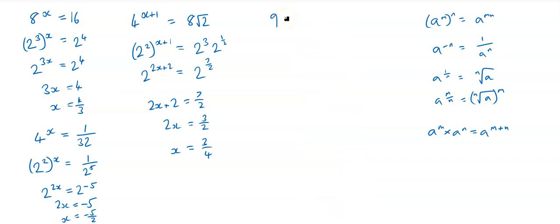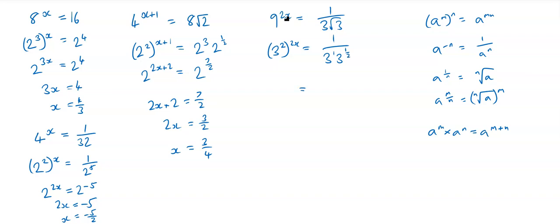Let's try 9 to the 2x equals 1 over 3 root 3. Okay, we see 3 is the important number here, so we've got 3 squared to the 2x equals 1 over 3 to the 1 times 3 to the half.